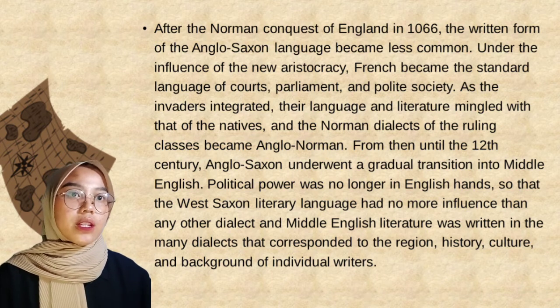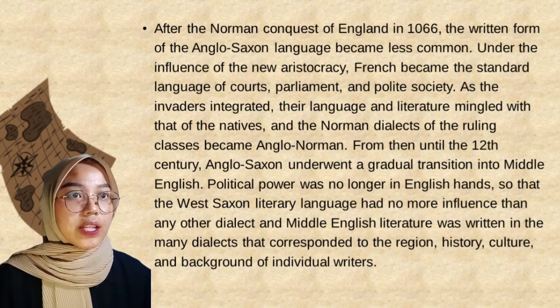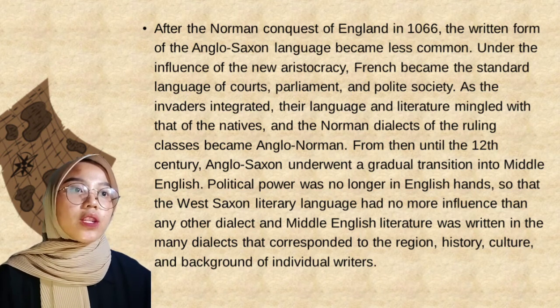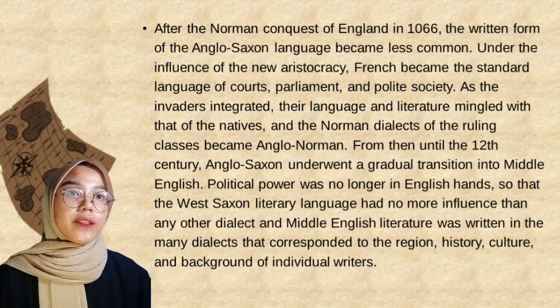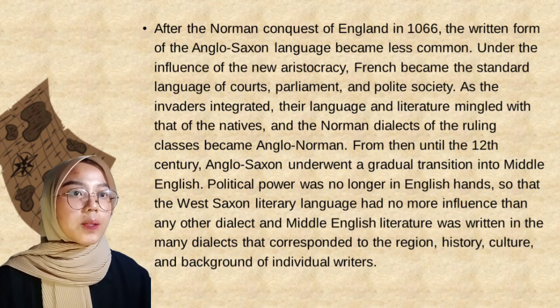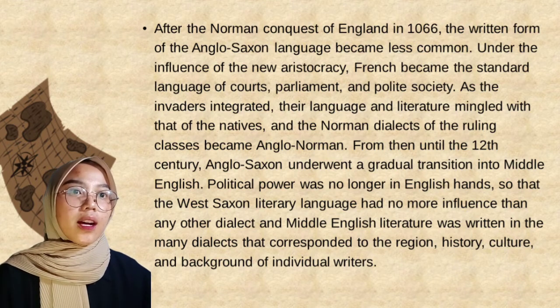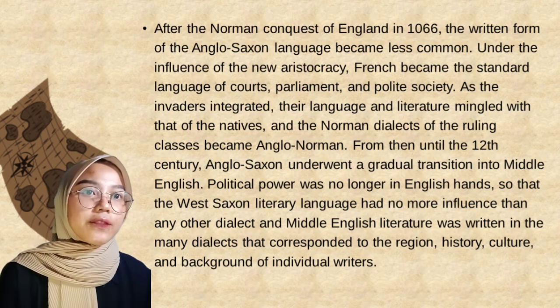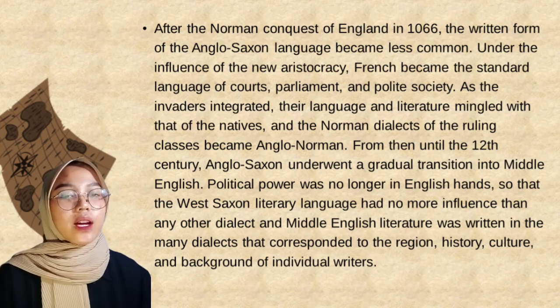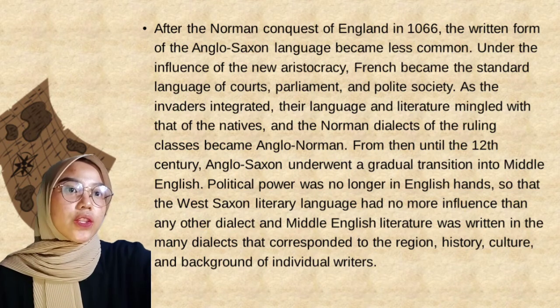French became the standard language of courts, parliament, and polite society. As the invaders integrated, their language and literature mingled with that of the natives, and the Norman dialects of the ruling classes became Anglo-Norman. From then until the 12th century, Anglo-Saxon underwent a gradual transition into Middle English.